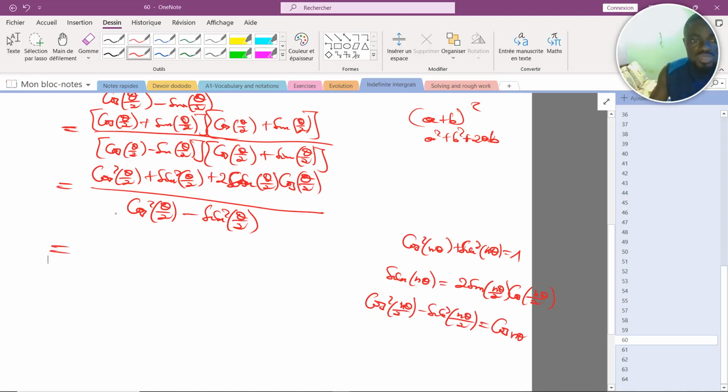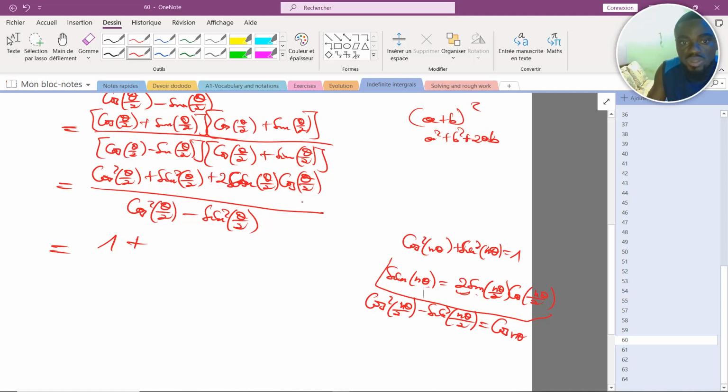So this will be equal to cos square theta on 2 plus sine square theta on 2, which is 1. So I will have here 1 plus 2 sine theta on 2 cos theta on 2. This formula says that 2 sine n theta on 2 cos n theta on 2 is equal to sine n theta.